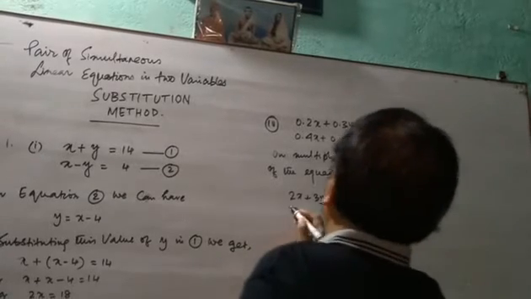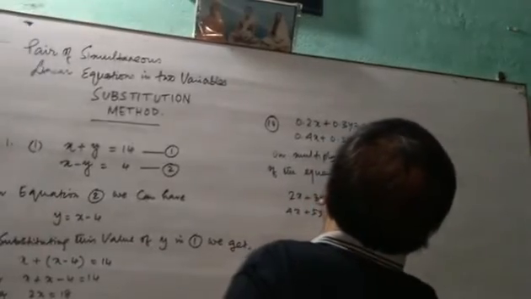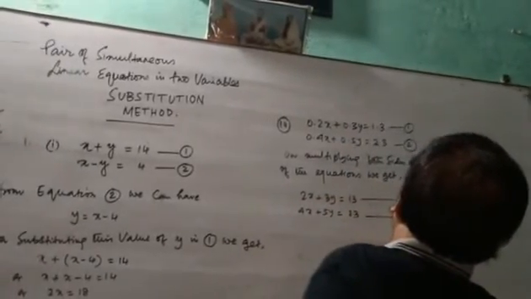This is your equation number 1. And 4x plus 5y is equal to 23. That is your equation number 2.